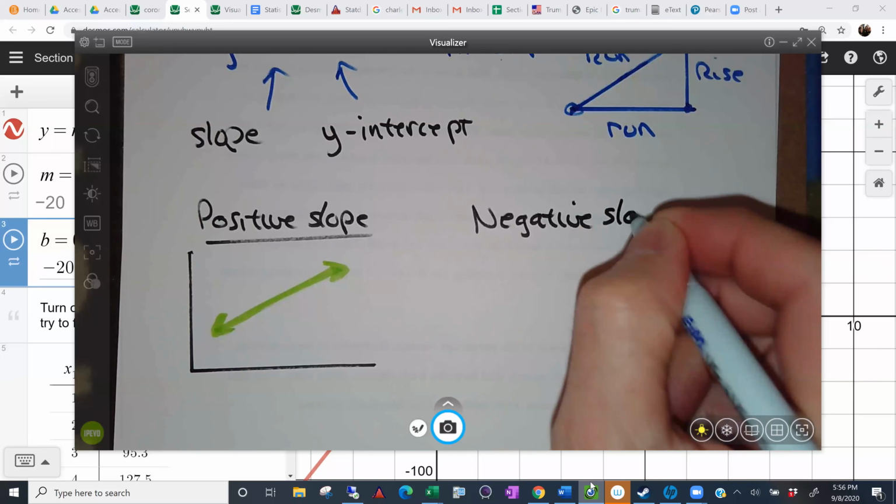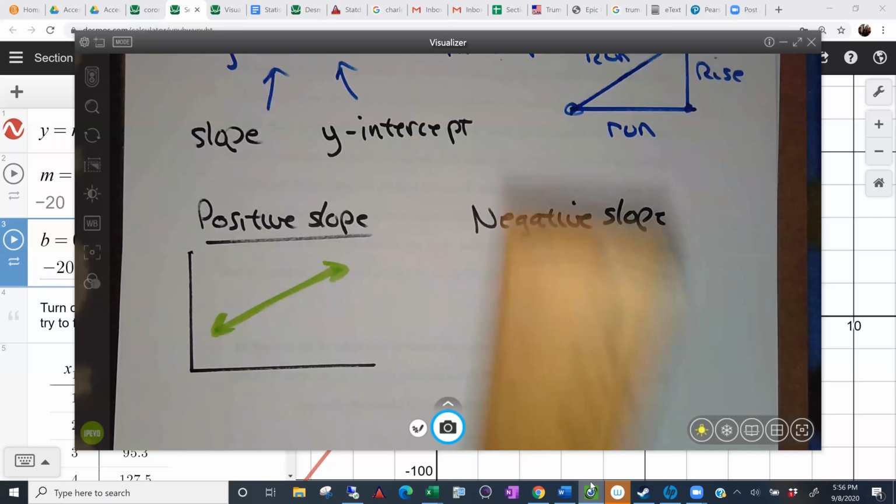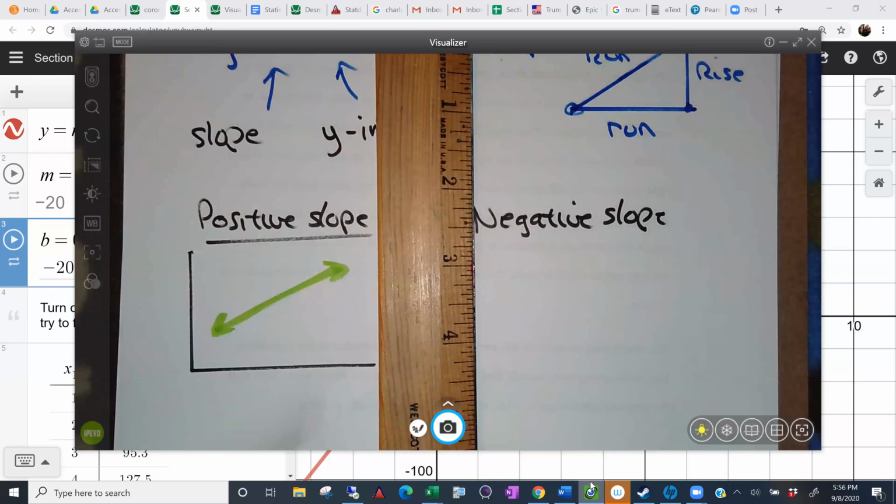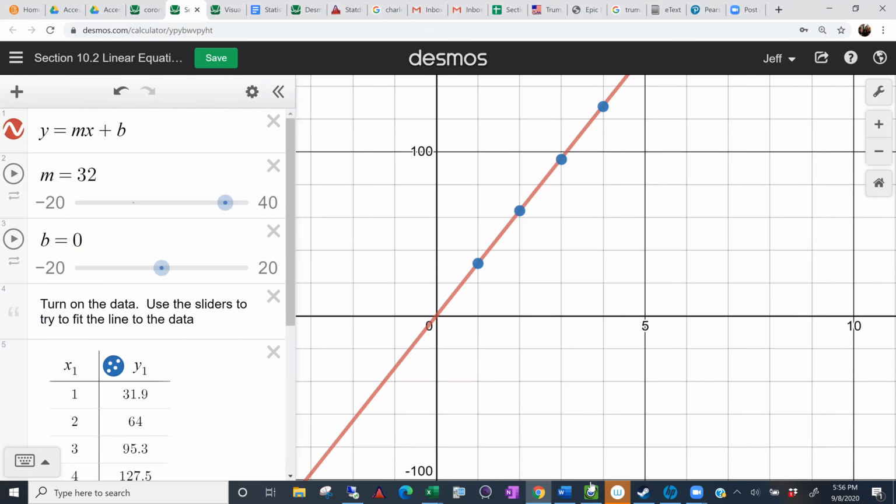If you don't already have in your mind a picture of what a negative slope is like, go back to your equation and move the slider for m to something negative. In fact, take it all the way to the left. I think it should go to like -20. Get a good feel for what it looks like to have a negative slope.